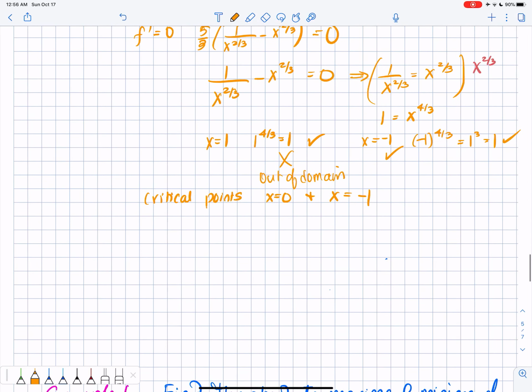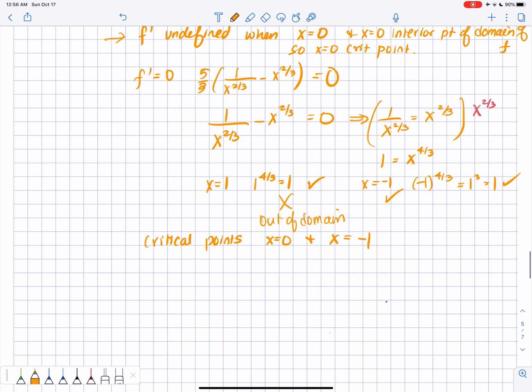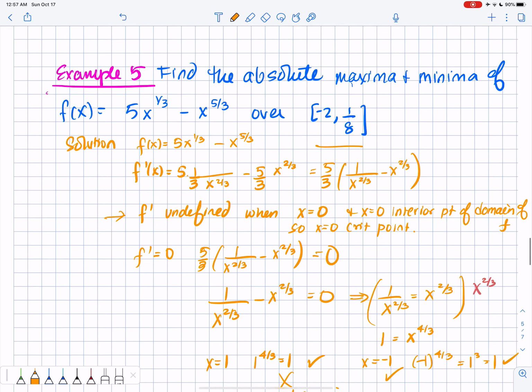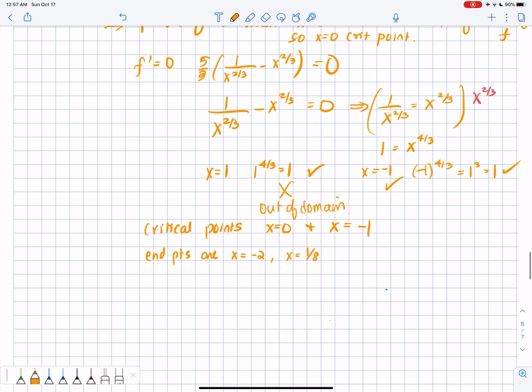Okay, the second part is find the function value at the endpoints and the critical points. Okay, so the endpoints are x equals negative 2 and x equals 1/8. Okay, so we'll find f of negative 2.